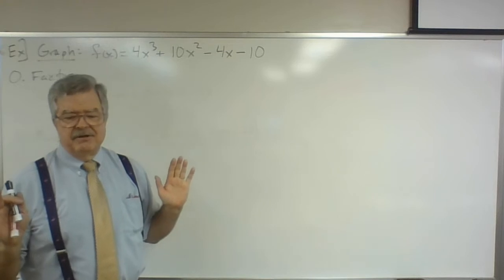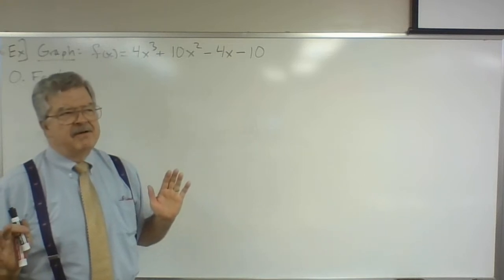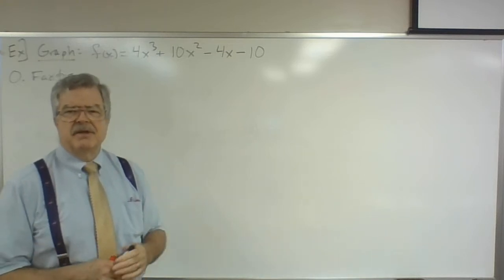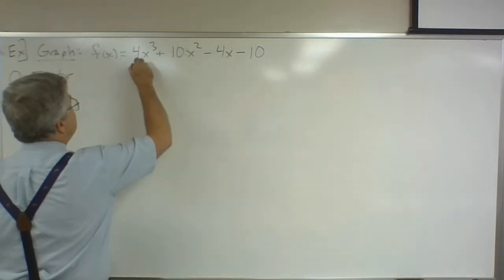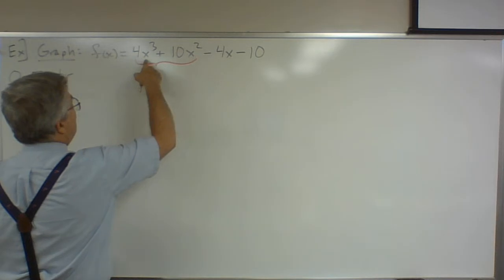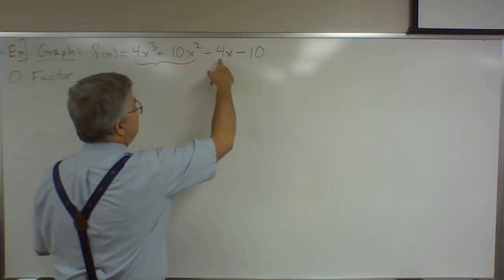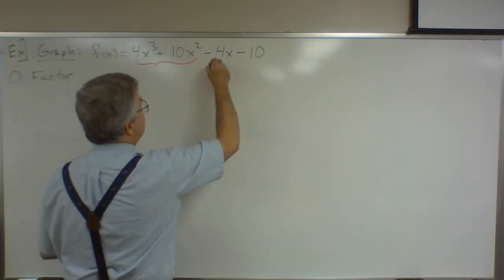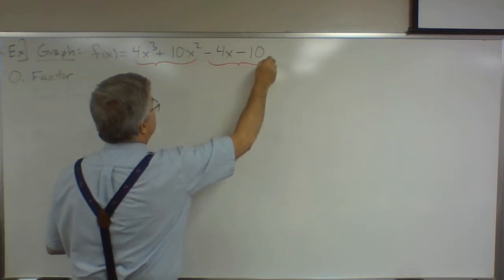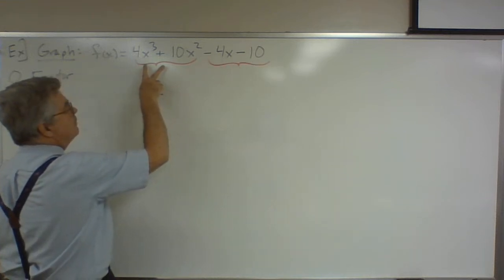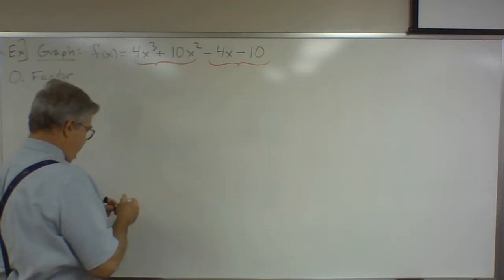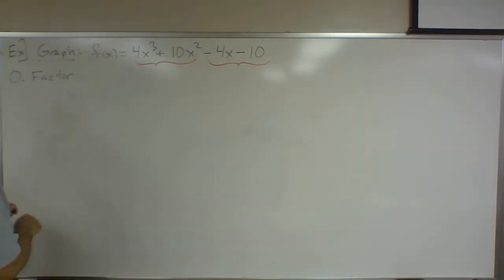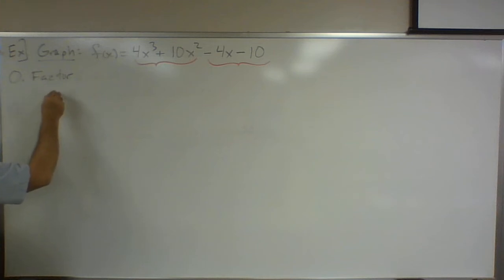And that is going to help me factor this polynomial somehow. So I'm going to take these two. I see 4, 10, and I see essentially 4, 10 here. So I'm going to group these two terms together and these two terms together and see if that gives me any further insight.